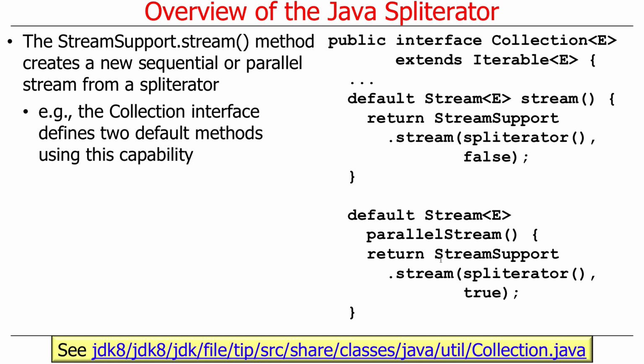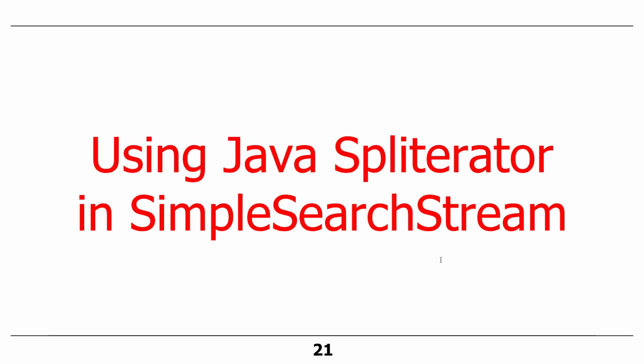Stream uses StreamSupport.stream, calls the spliterator method on the collection, and then passes in false because we want a sequential stream. ParallelStream calls StreamSupport.stream using the spliterator method with true. So we have a parallel stream. These are actually the factory methods that generate streams from collections. And if you look at your skeletons for the grad students, I provided you with these methods, and that was how we used the Spliterator to break things up.